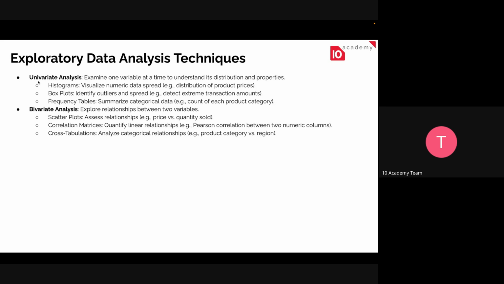Uni means one, bi means two, and multi means more than two. The univariate analysis examines one variable at a time to understand its distribution and properties. We could use histograms to visualize how numeric data spreads, and box plots and frequency tables can be used to show the univariate analysis of a single column at a time.